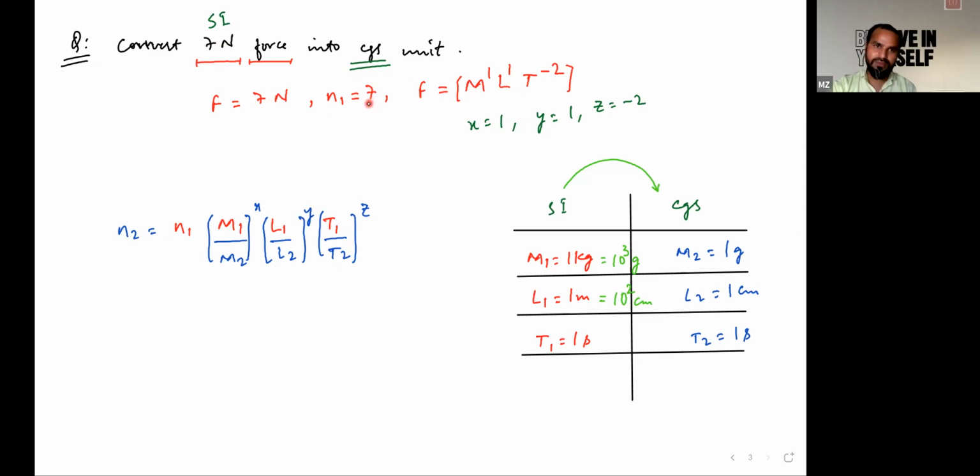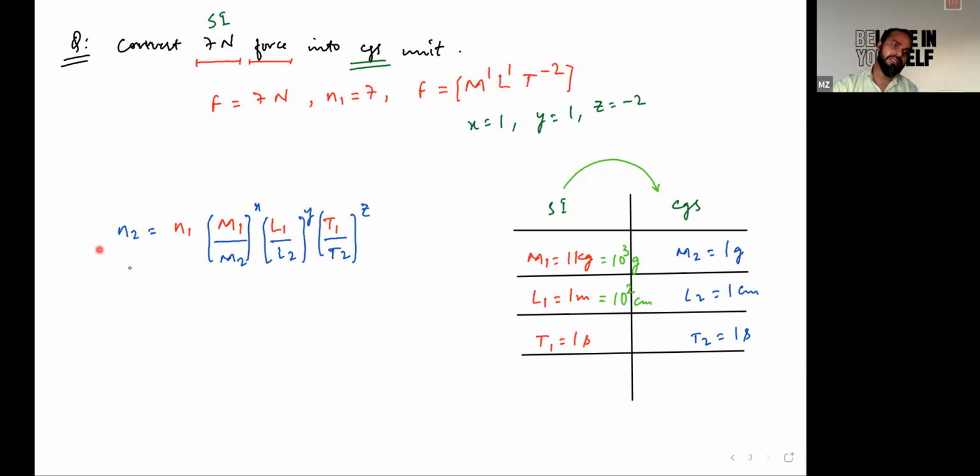The next part you have to do is write the dimension formula of that given quantity, F, and compare the exponents. M raised to the power is nothing but X, L raised to the power is nothing but Y, and T raised to the power is nothing but Z. I've just defined a notation to find the exponents in this part. The next part is to convert from one to another.